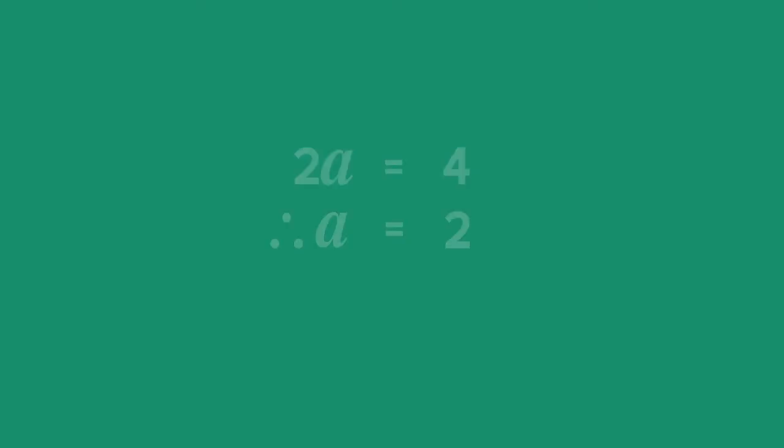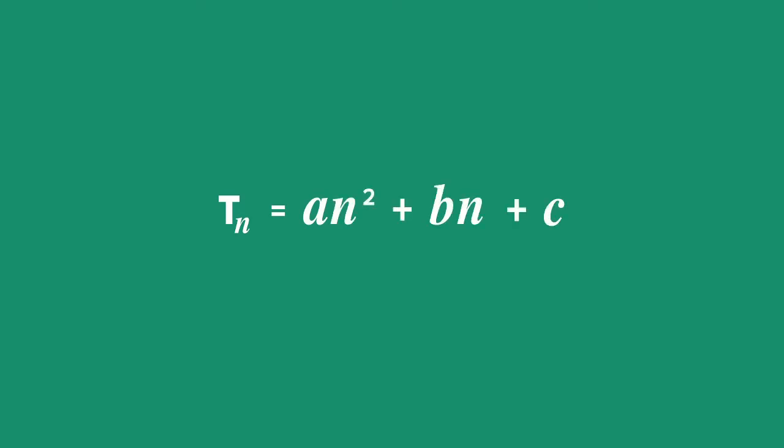So in the general form, Tn is equal to an squared plus bn plus c, we know that a is equal to 2, so this becomes Tn is equal to 2n squared plus bn plus c. We now need to find the values for b and c. So we're going to go back to our general form and use simultaneous equations.